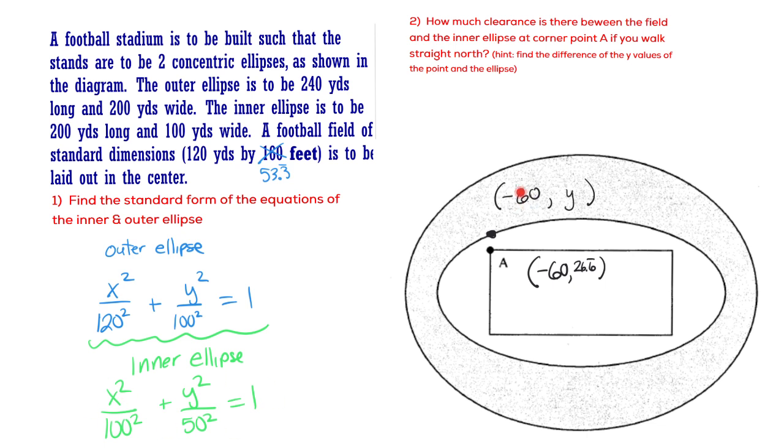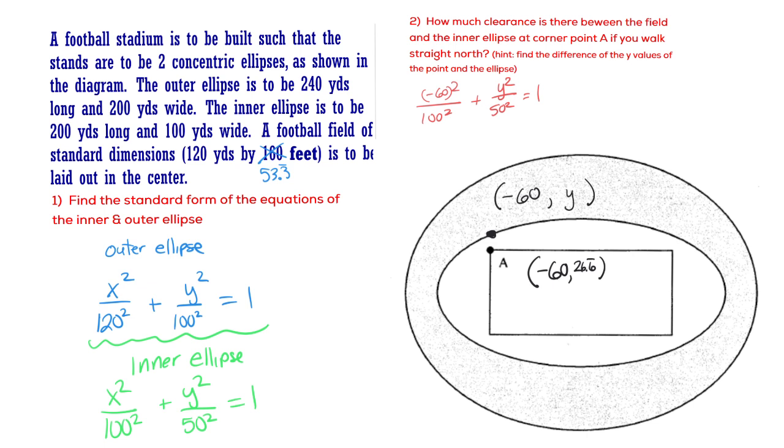So I can take my negative 60, plug it in for x, and go solve this equation for y. So that's what I'm going to go do. The x is negative 60, so it's negative 60 squared over 100 squared. There's no reducing really that we're going to mess with doing on that. I'm looking for the y divided by 50 squared equals 1.